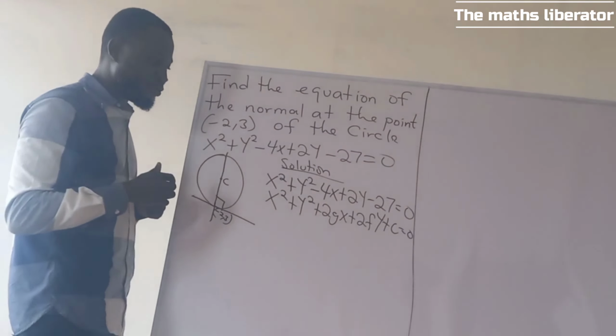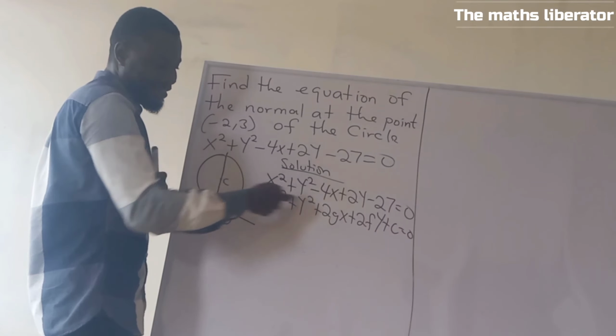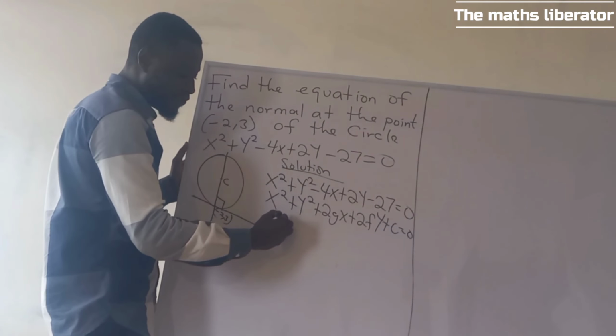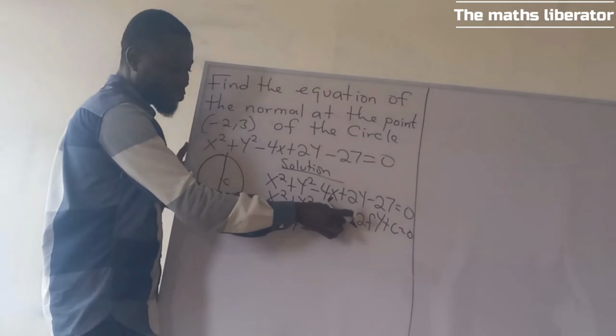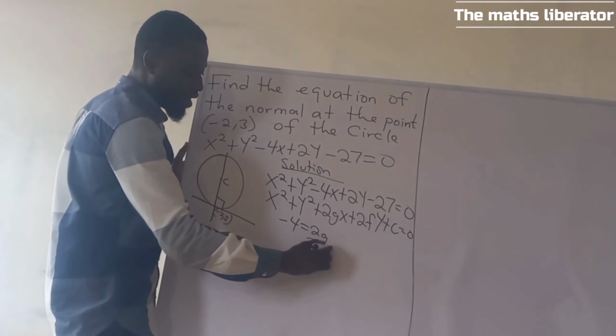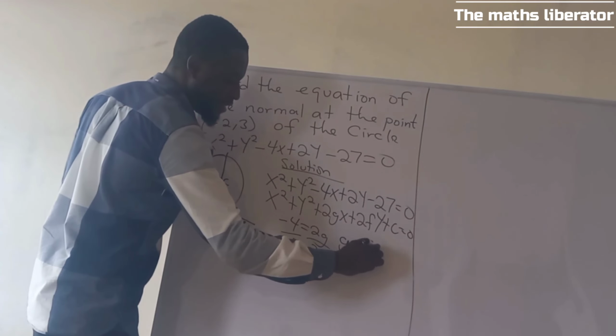Now I'm going to compare the coefficient of x. For the first equation, the coefficient of x is -4. I equate it to the coefficient of x here, which is 2g. I divide by 2, divide by 2. So my g is -2.